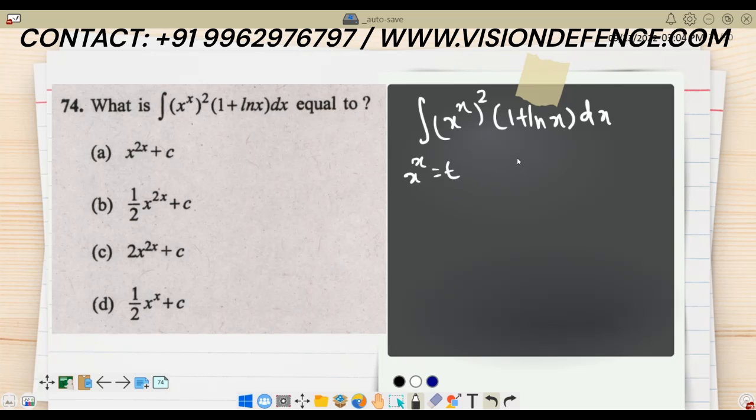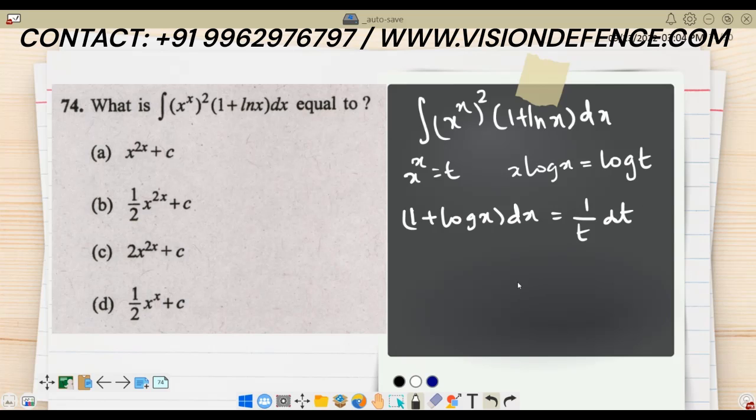So this, our dx will be equal to... x log x equal to log t, now 1 plus log x dx is equal to 1 by t dt, right?